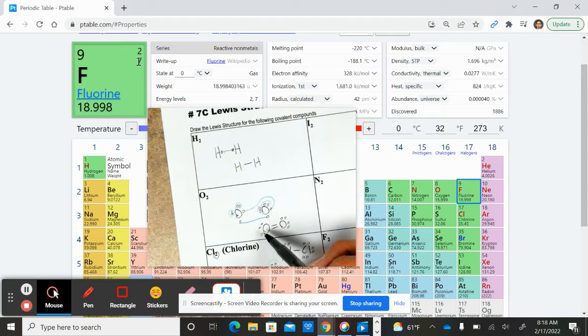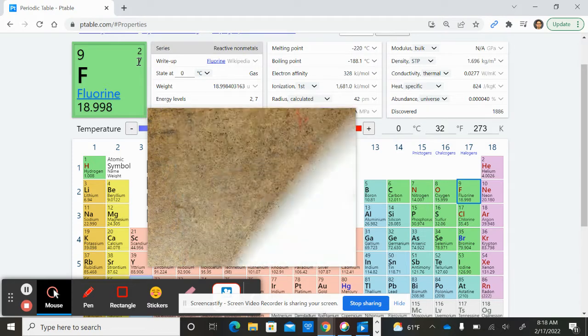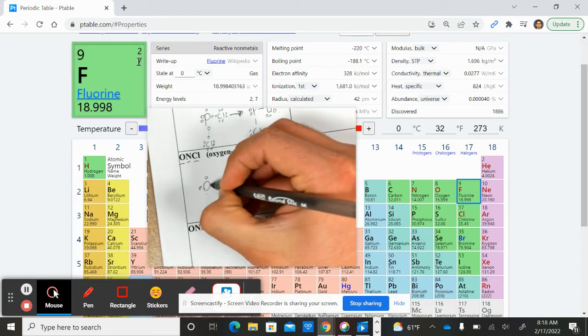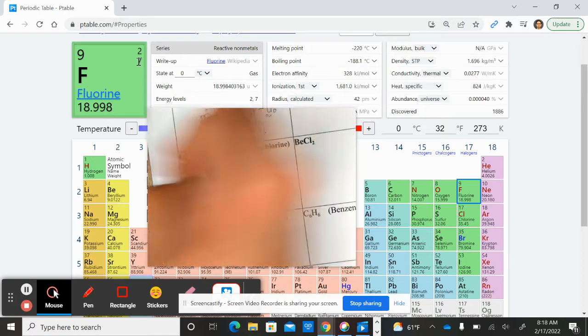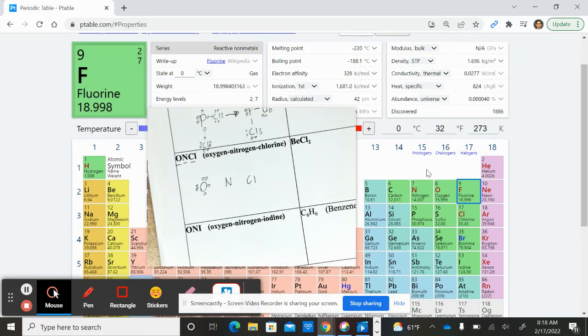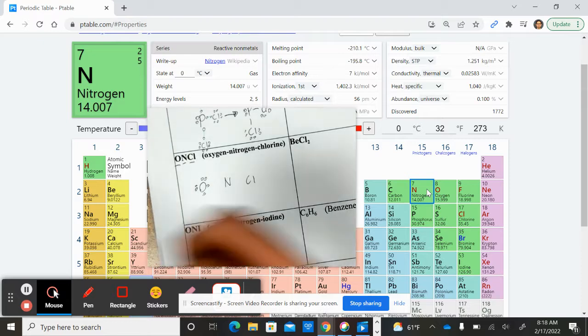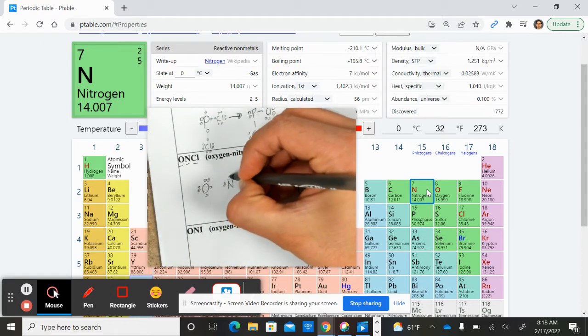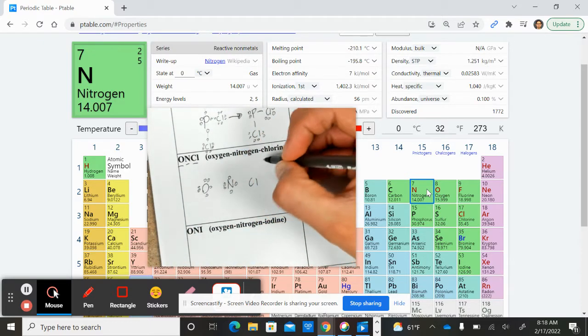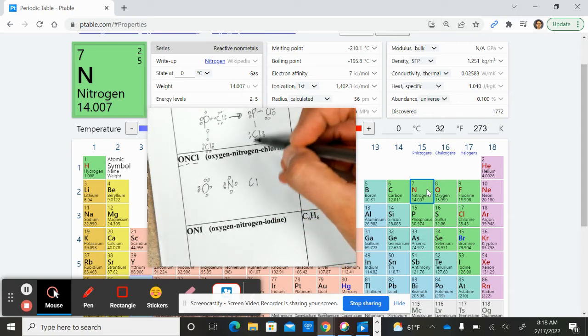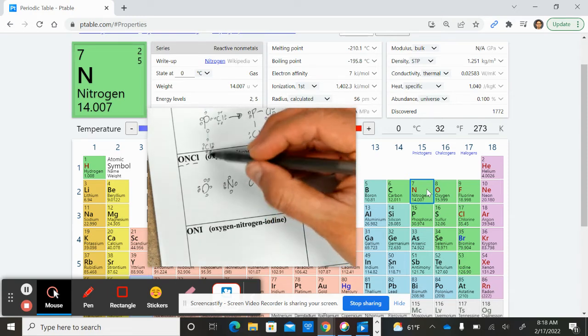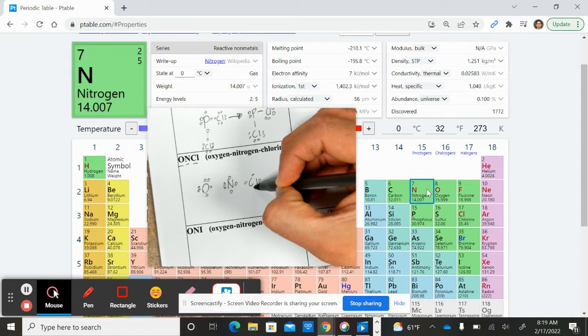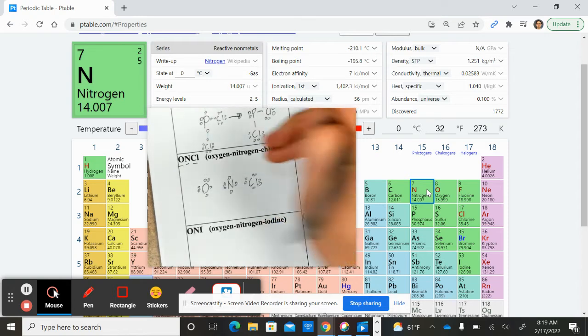We have 6 dots for oxygen. So we go 1, 2, 3, 4, 5, 6. Nitrogen, on the other hand, is in group 15. So it has 5 valence electrons. So 1, 2, 3, 4, 5. Chlorine, once again, we did it up here. 7 valence electrons. So 1, 2, 3, 4, 5, 6, 7.